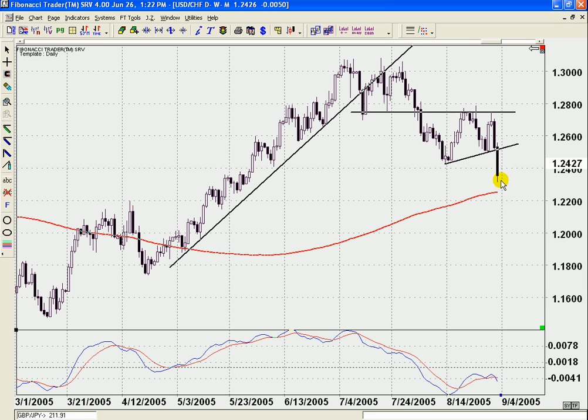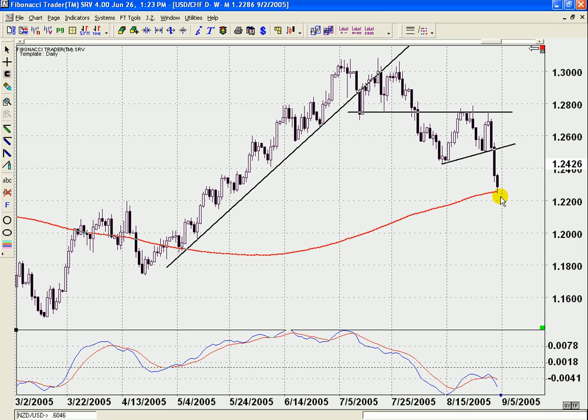The faster the move down, the higher the possibility of divergence. So if we see a nice, strong, steady move down, then we may not see a divergence, and in fact we may see MACD continue to move lower. I like it when MACD gets to this oversold extreme here as a result of this aggressive down move.